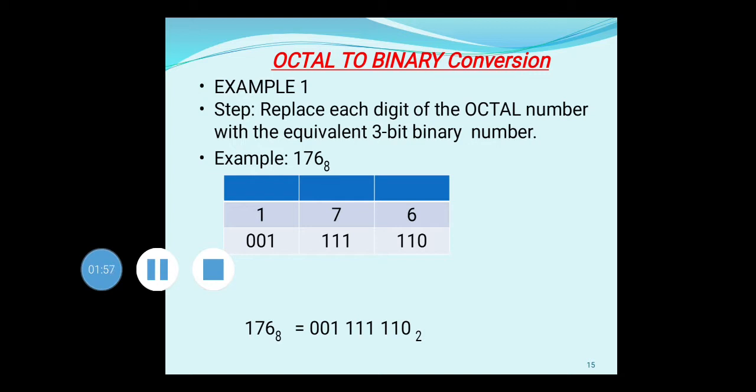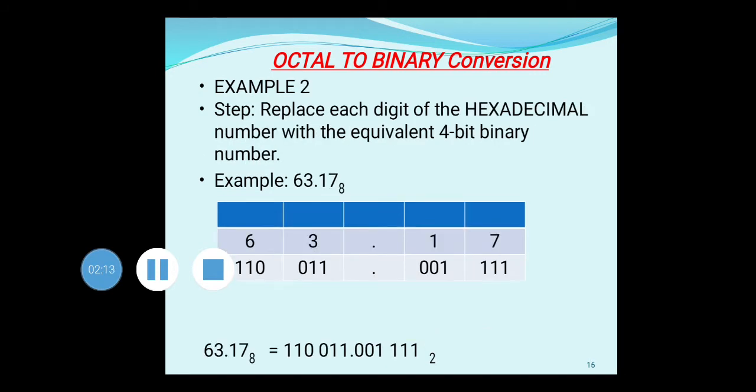If you check here, the given octal number has only its integer part. Now we will check an example of an octal number which has an integer part as well as a fractional part. So now check here, the example is 63.17.